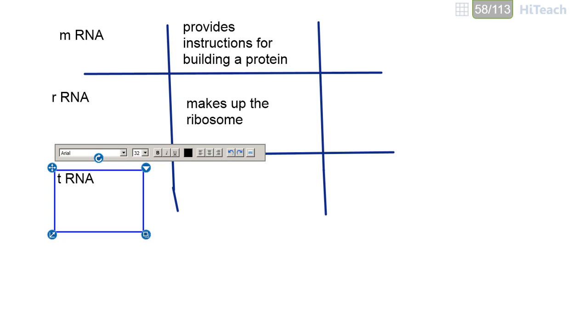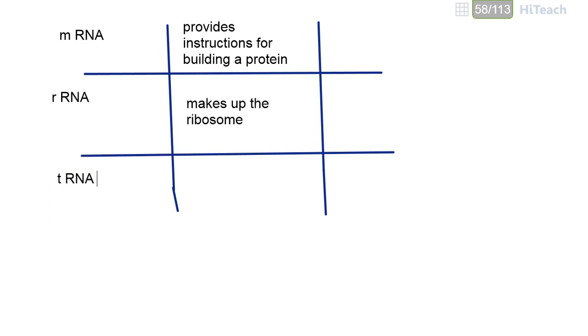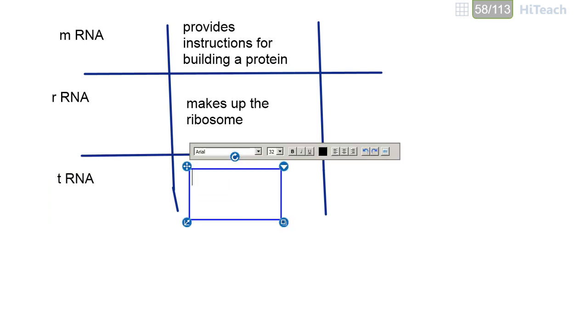The function of tRNA, transfer RNA, is that it transfers amino acid to the ribosome during translation.